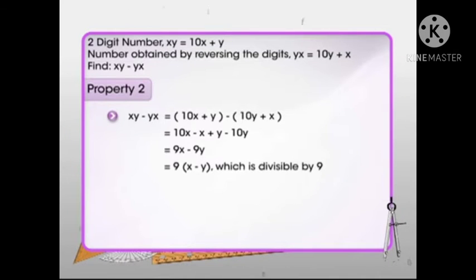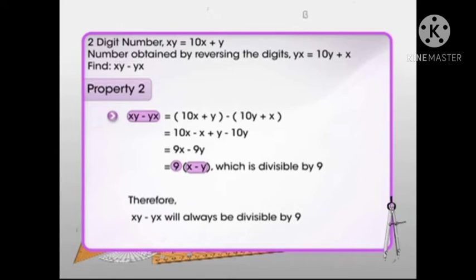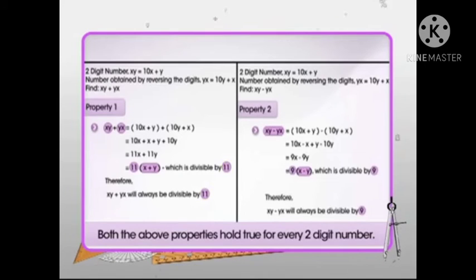The second property: the difference of a 2-digit number and the number obtained by reversing its digits is 9 times (x minus y), which will always be divisible by 9. Both the above properties hold true for every 2-digit number.